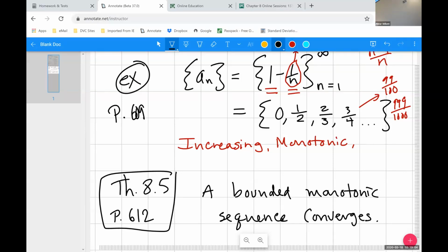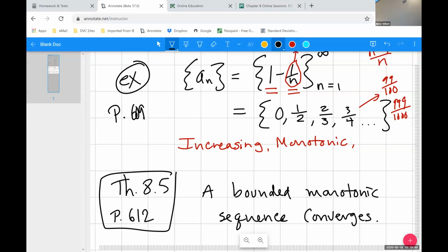Questions, comments, discussion? So the basic way to think about this is that if something, for example, only increases as you go down the list and head off toward infinity, then the sequence only has two choices. If you're going to keep increasing, then your only two choices are that you increase off to infinity and grow without bound, or that you actually settle in on a number.